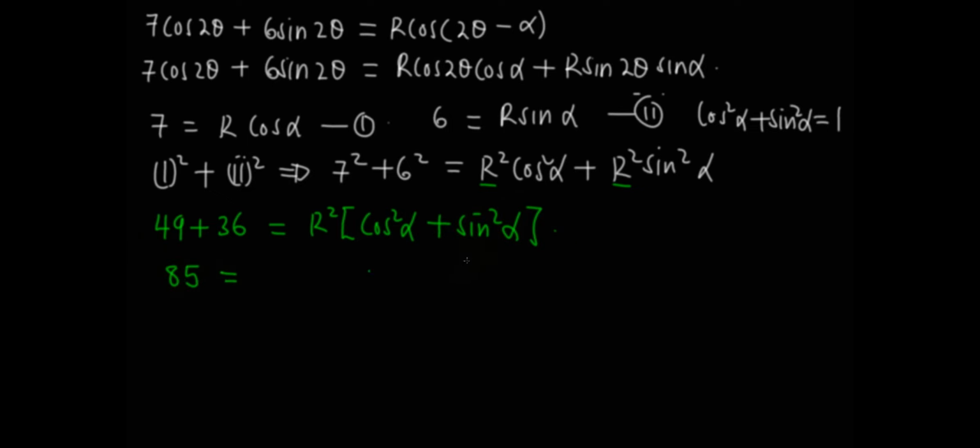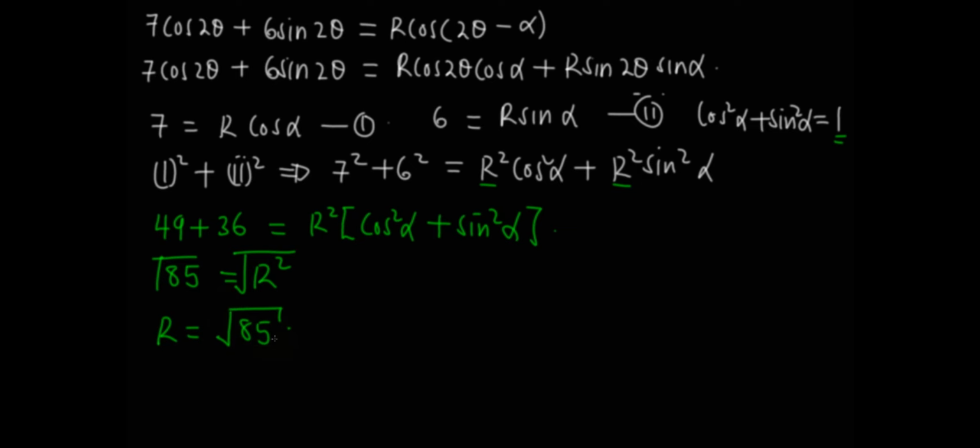And cos squared α plus sin squared α is equal to 1. So we shall have r squared times 1. So we take the root on both sides, and the value of r is equal to the root of 85.